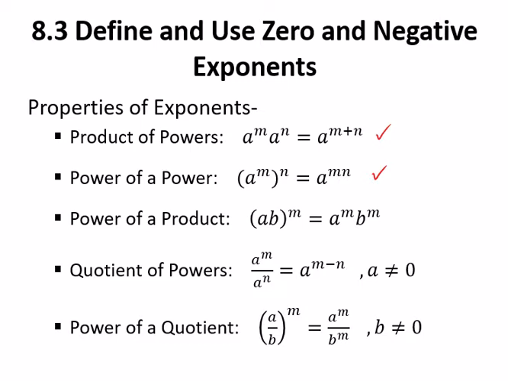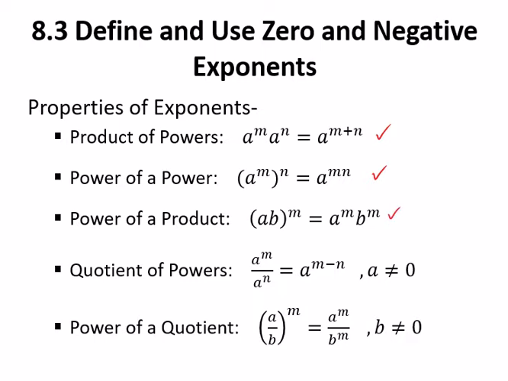And then you've got a power of a product, where on the inside you've got a product, any numbers or variables times each other, and if that is raised to a power, you need to make sure to raise both of those pieces of the product to that power of m.